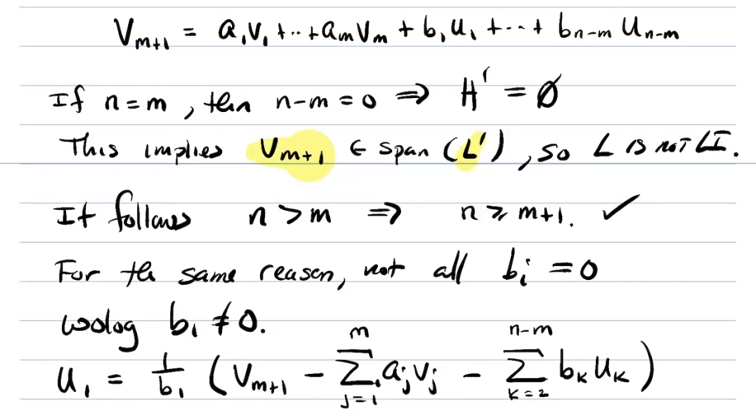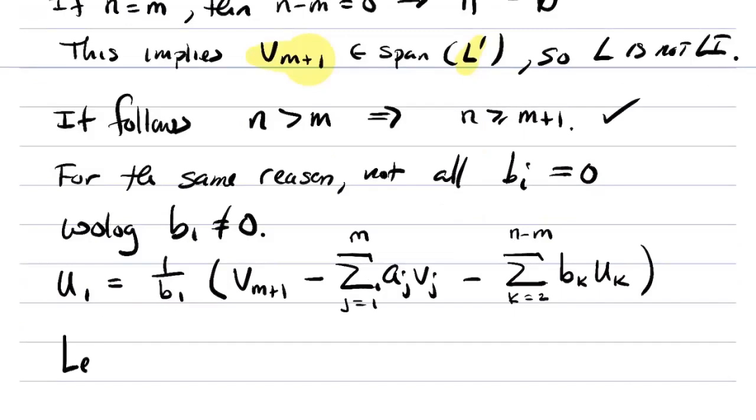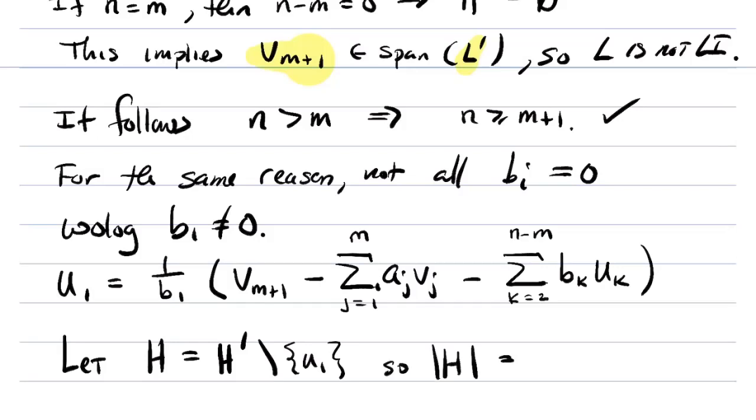Okay, so let's let H be H prime except for this U1 vector. All right, so how many elements does H have? Well, it has n minus m minus 1, or that's n take away the quantity m plus 1.